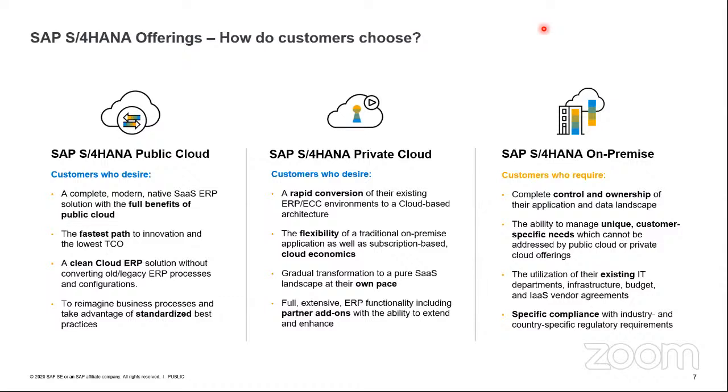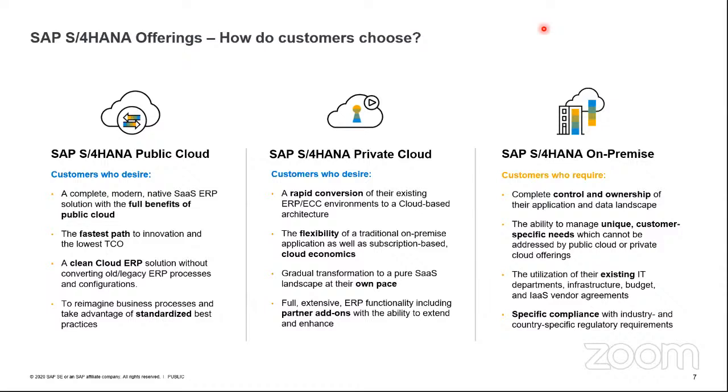So you might say, okay, I got this hardware last year, I want to move to S4HANA, but I don't want to go to the cloud option because I want to reutilize this investment in the hardware. So there are many decision points which the customer can take depending on what their current phase is and what exactly they want to do with their deployments.